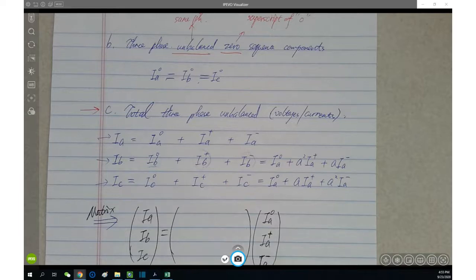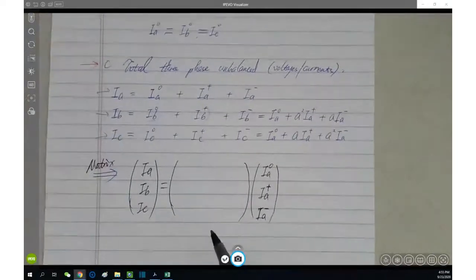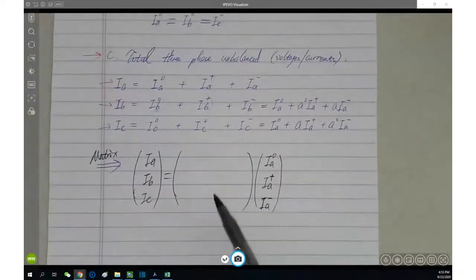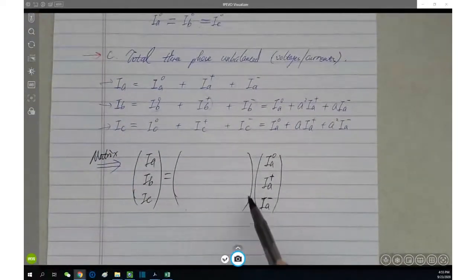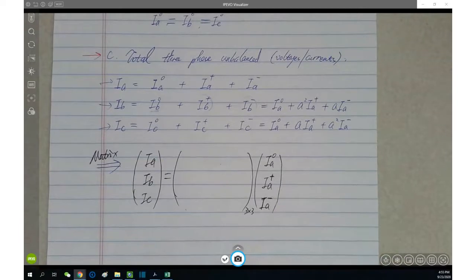And what are the entries here? First of all, what is the dimension of this matrix in the middle? It's 3 by 3, right? 3 by 3, up to 9 entries.